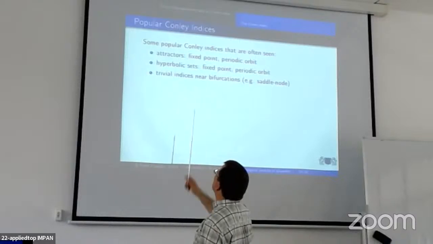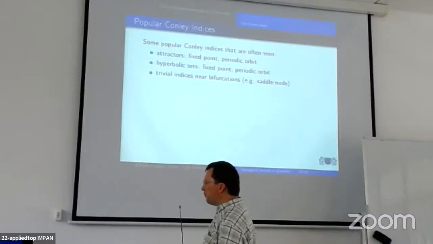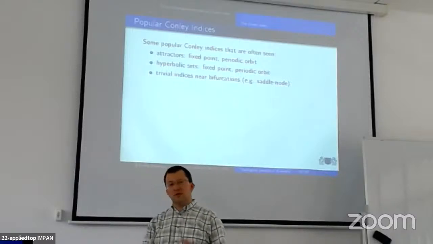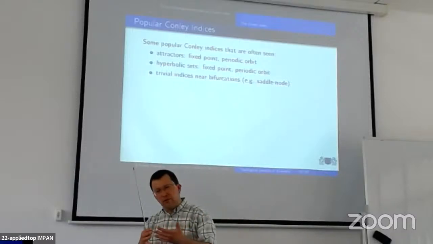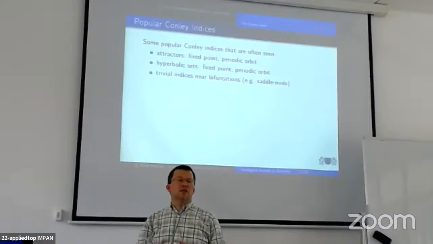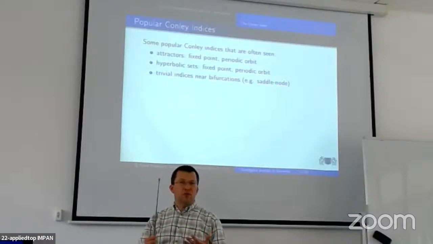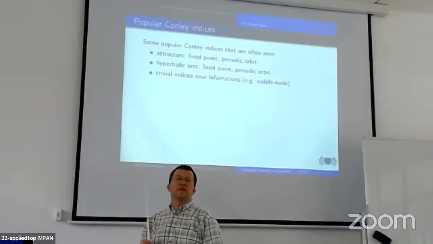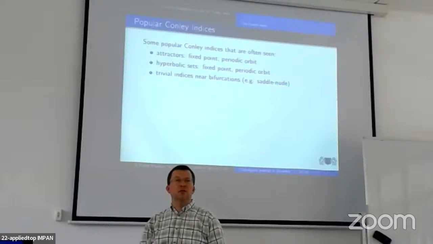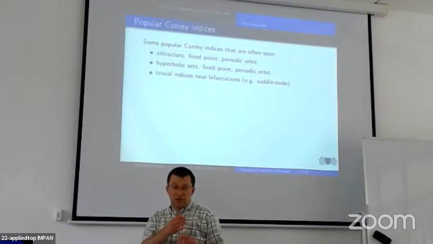There could also be some trivial indices that appear frequently in the computations because there could be some slowdown in the dynamics, so that from the numerical point of view, we cannot prove that the trajectories exit this, say, candidate for an isolating neighborhood. But on the other hand, the invariant part is empty because the flow is just slow.